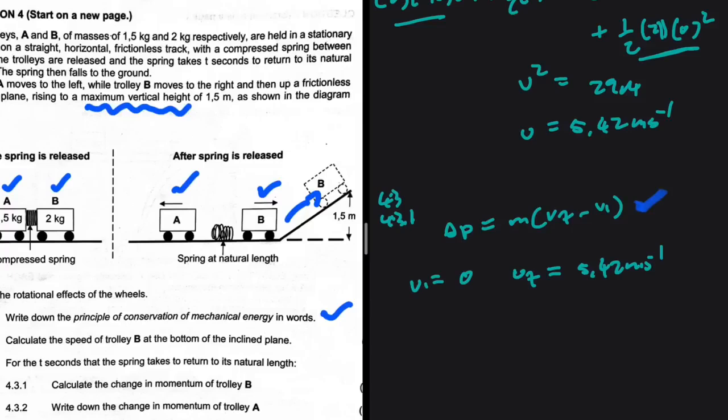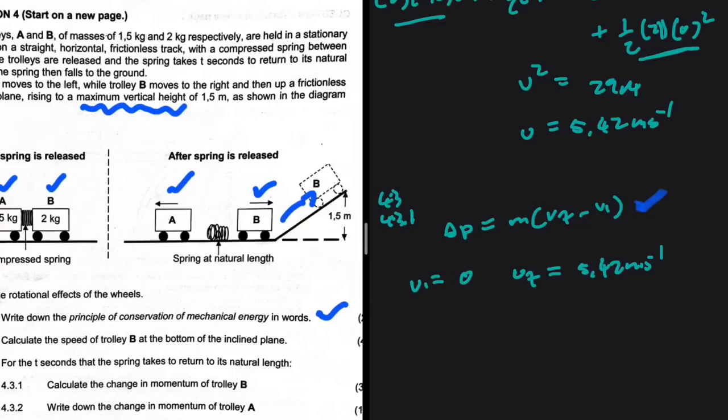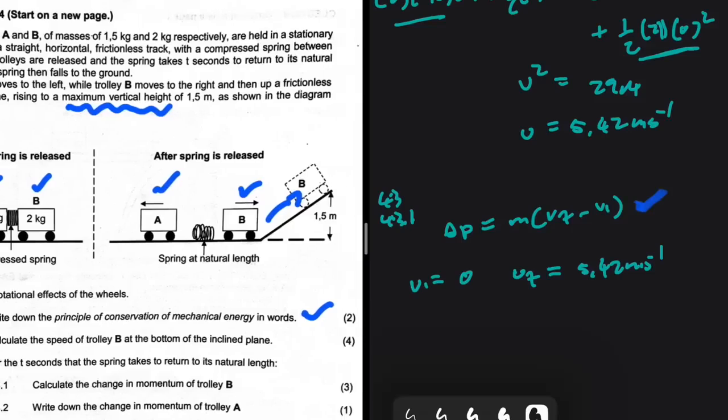So we are looking for the change in momentum. Well, momentum is a vector, so we need to decide on a direction. Let's take the direction to the right as positive. So delta P is equal to the mass 2, Vf is 5.42, minus Vi, Vi is 0.